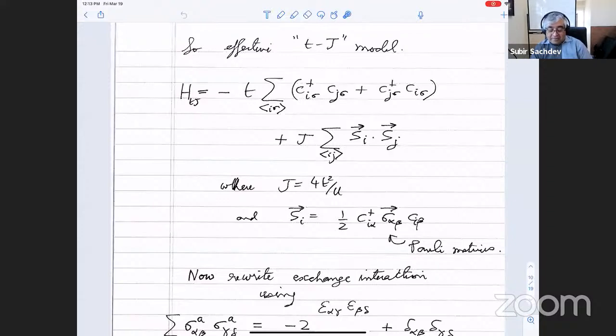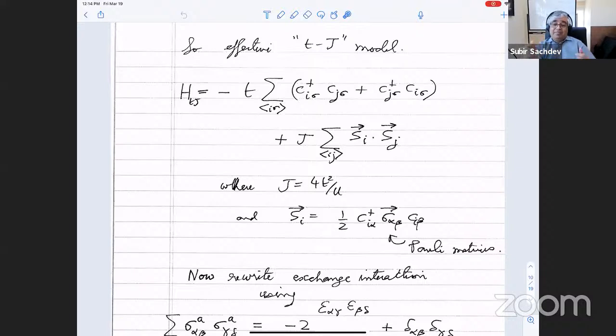And after we did this canonical transformation, we got the spin exchange interaction nearby. And what we will show is that this spin exchange interaction can be effectively attractive, even in this model, in not the usual BCS state, but in sort of extended BCS states where the Cooper pairs have non-zero angular momentum.